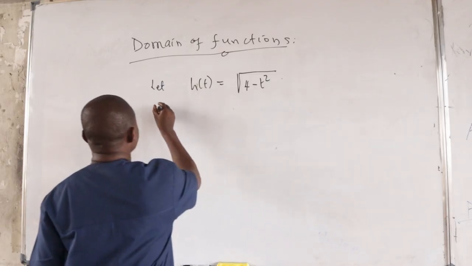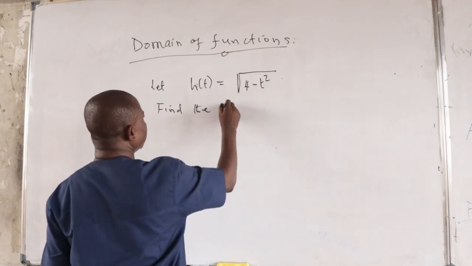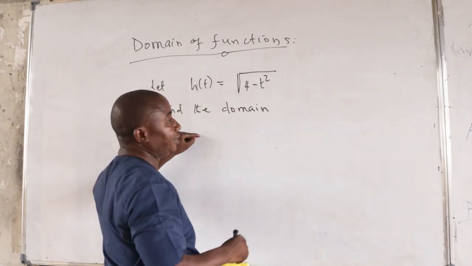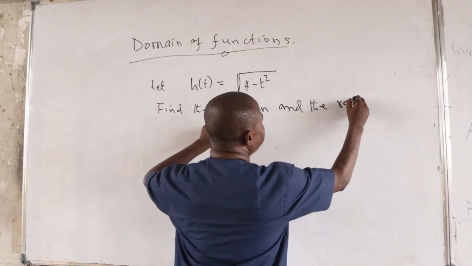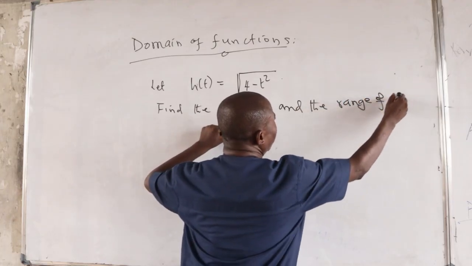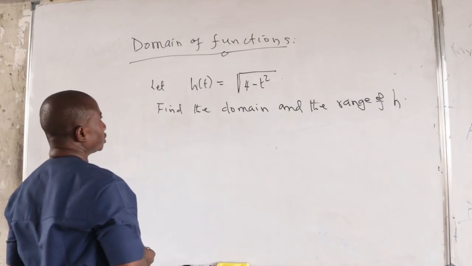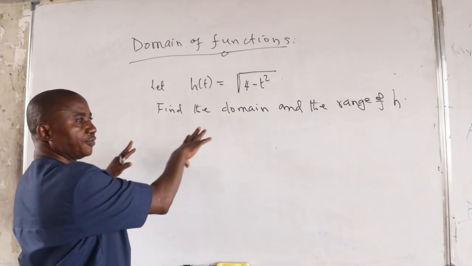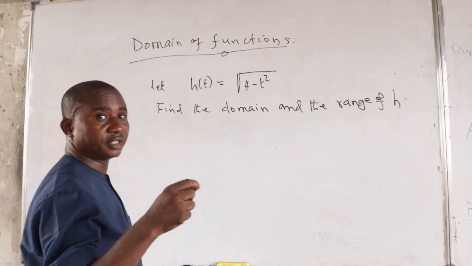The question is, find the domain, and I will add the range of h. So I want to add the two together so that we don't reserve a different time for studying the range. We've already studied the range.